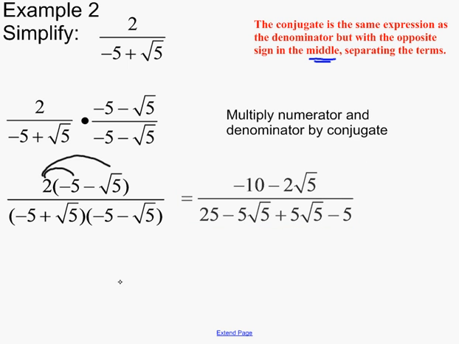So 2 times -5 is -10. 2 times negative radical 5 is -2 radical 5. -5 times -5 is positive 25. -5 times negative radical 5 is positive 5 radical 5. -5 times radical 5 is -5 radical 5.